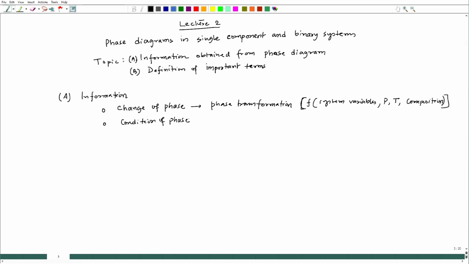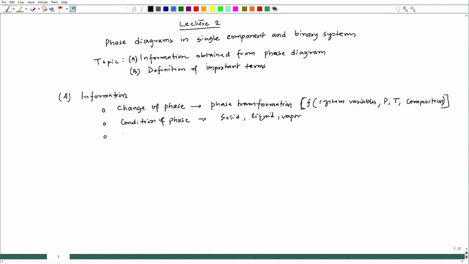What do you mean by condition of phase? Like its physical appearance, like solid, liquid, vapor. Those are the physical appearance we can get of a particular phase appearing in a phase diagram. Then we can also check the factors deciding change of phase, which is actually indicated in the first thing.